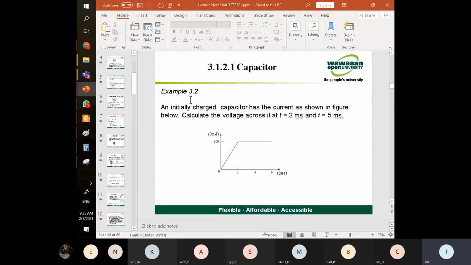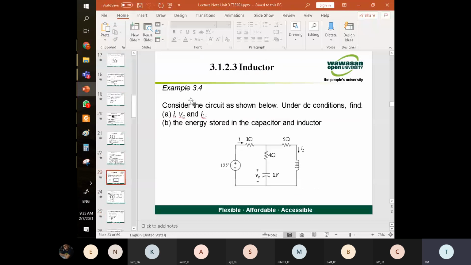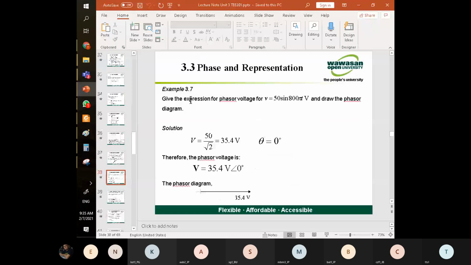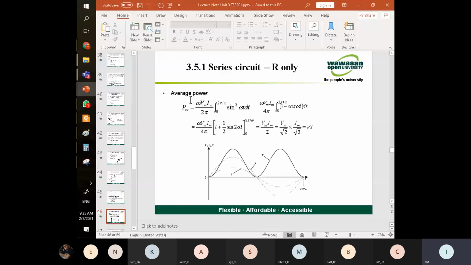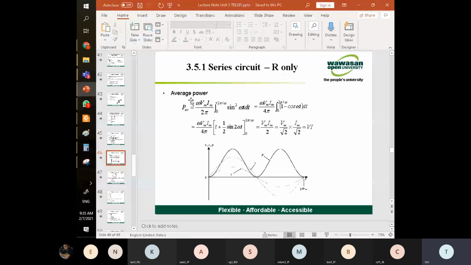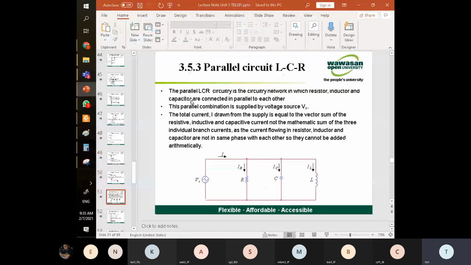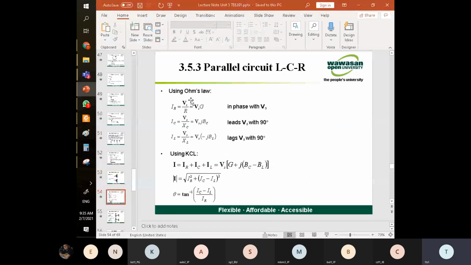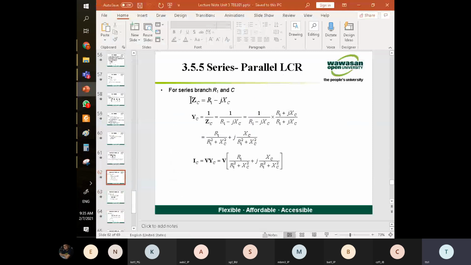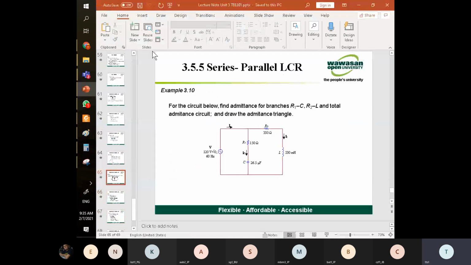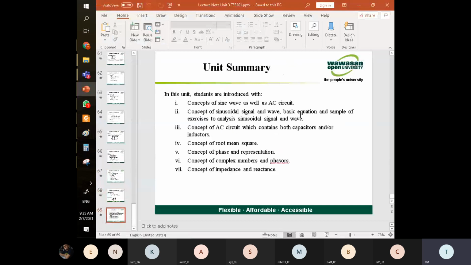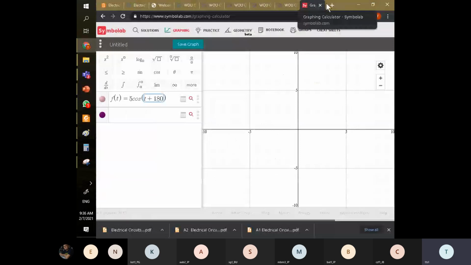Let me show you the waveform. I better use the online one.